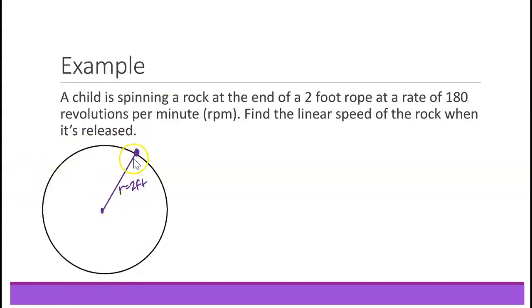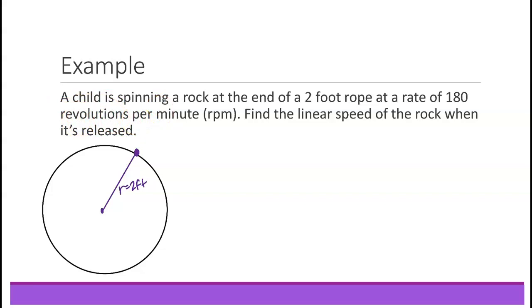So I have this rope and it's spinning around and around at a rate of 180 revolutions per minute. The rate that I've been given there is the angular speed of the object. How do we know it's the angular speed? Because the units are revolutions per minute, so it's not a linear measure.